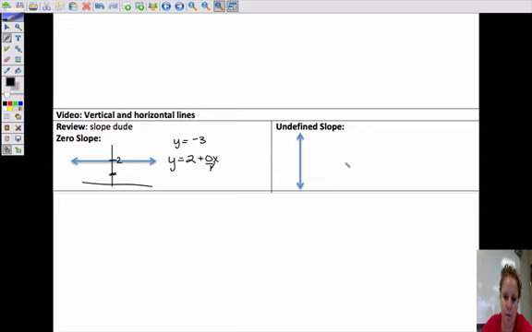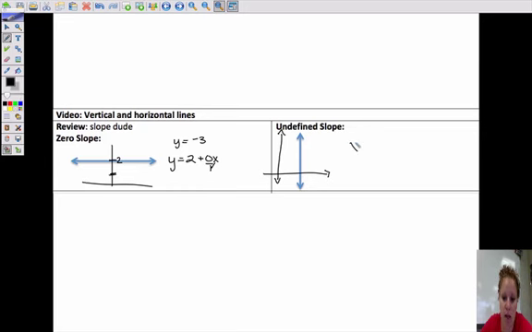Undefined slope is where we just don't have a slope. Okay, it's not 0, it's undefined. And that's kind of hard to grasp, but if I have an x and y axis here, and this line lies on it, it's actually not even a y equals equation.